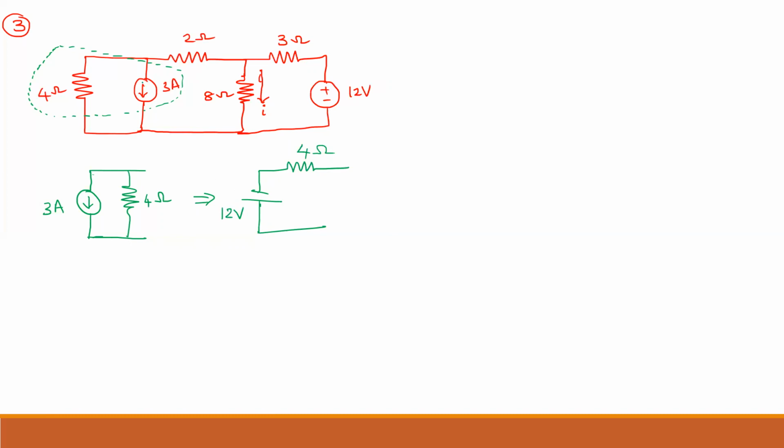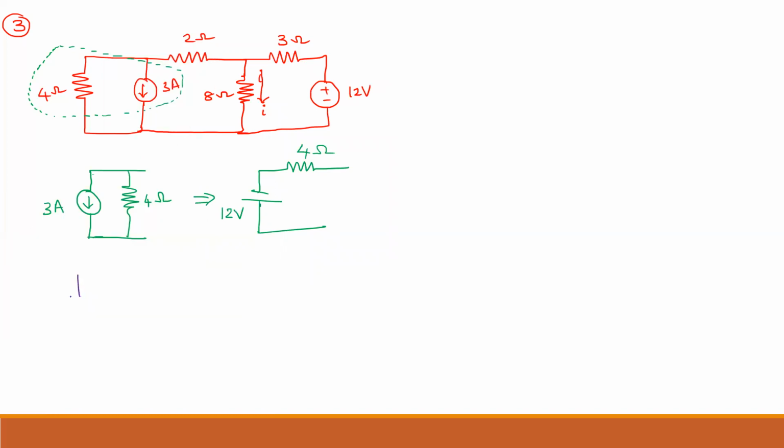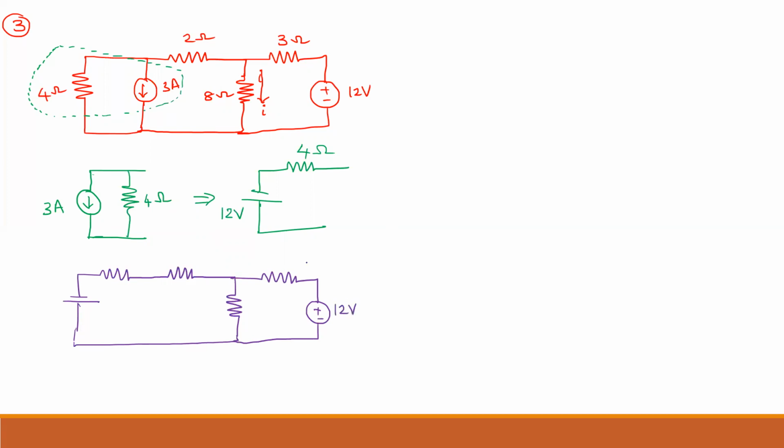Now just substitute over there. Then the circuit will become this: 4 ohm and 12 volt.